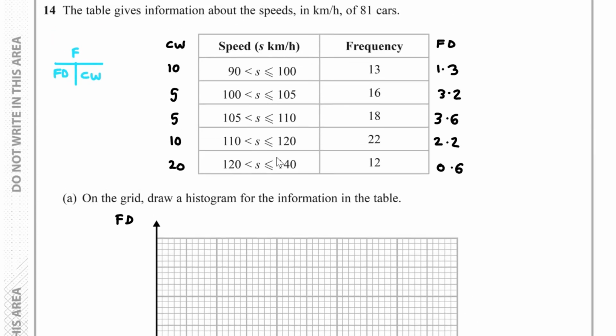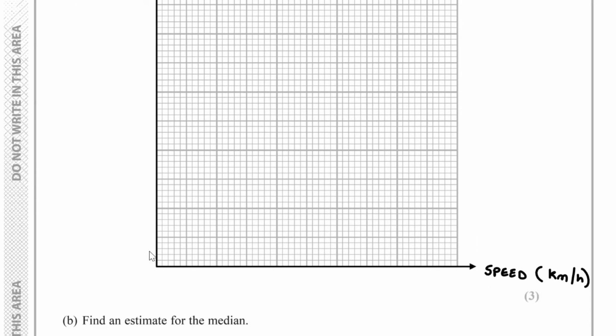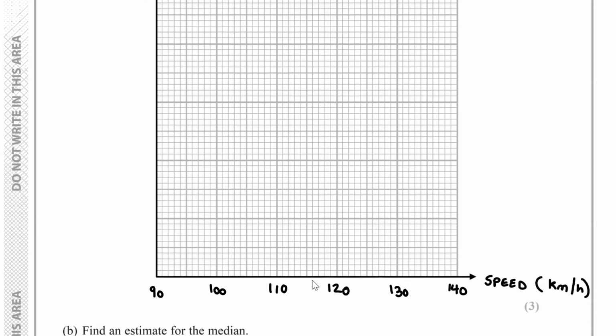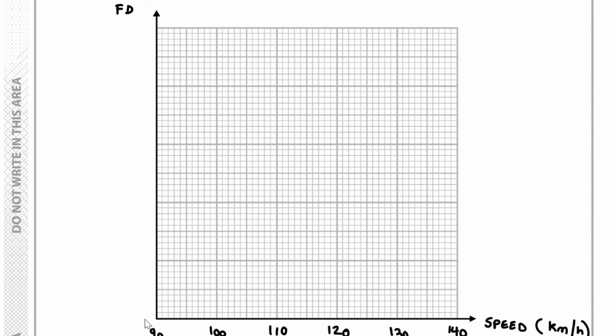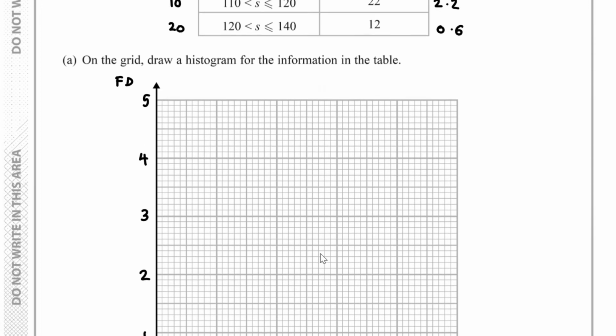So we're going from 90 to 140, so let's start off with here 90, 100, 110, 120, 130 and 140. Okay, and then here we've got 0, 1, 2, 3, 4 and 5. So we can now create a histogram.